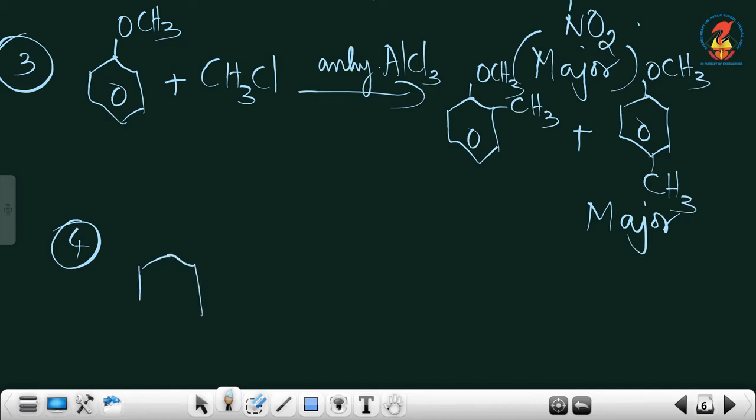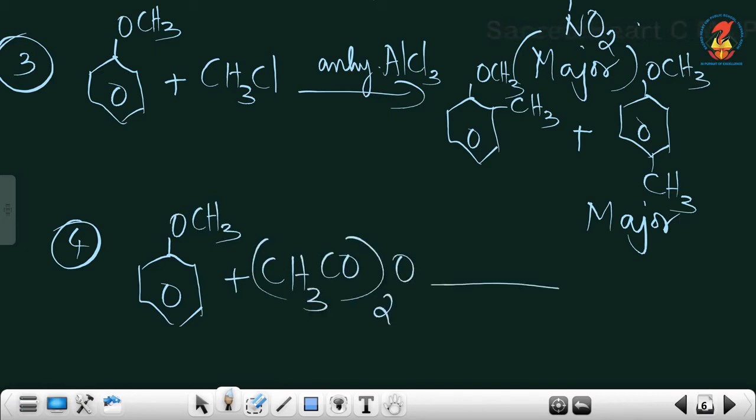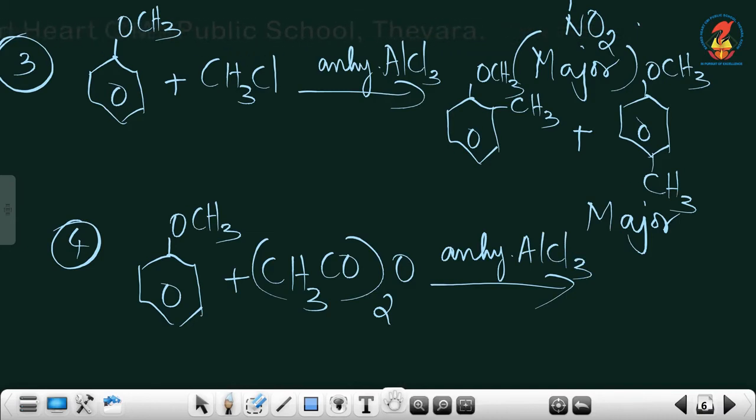I'm going to write the example with acetic anhydride, (CH3CO)2O. Now instead of using acetic anhydride, you can also take acetyl chloride in presence of anhydrous aluminum chloride. The acetyl group is introduced at the ortho and para position.